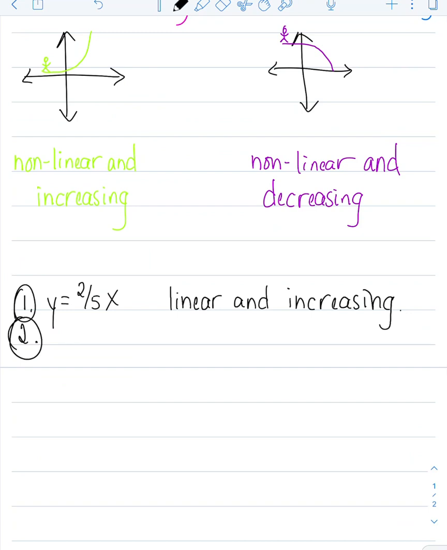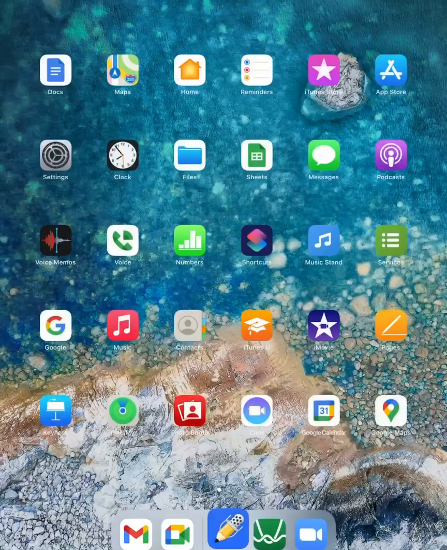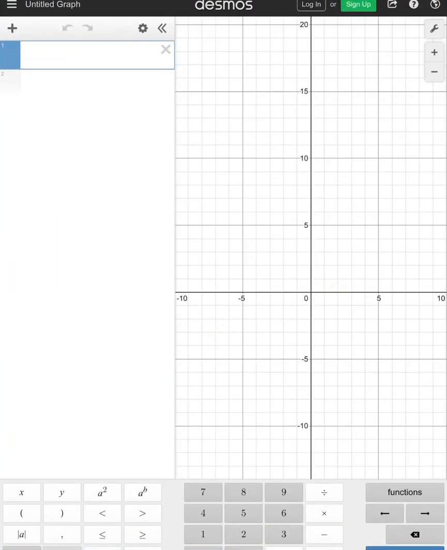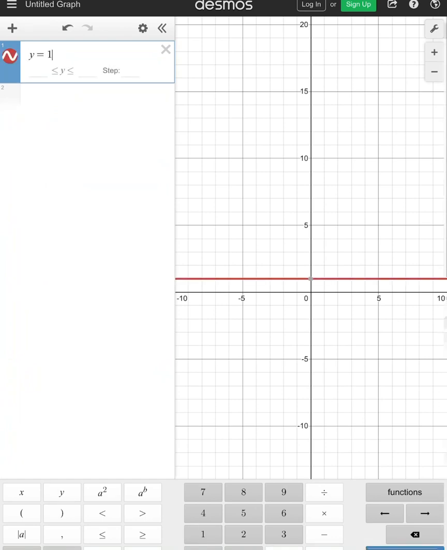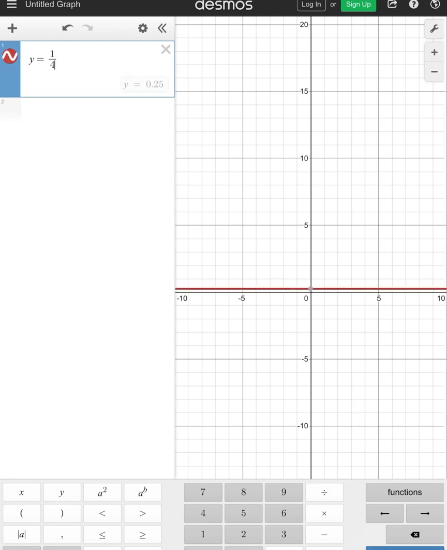So let's say we have y equals 1/4 times 3 raised to the x power. So you go to Desmos. So you type it in exactly as you see it. So it becomes y equals 1 divided by 4. Remember, use your right arrow key to get out of that. Times, so put in your parenthesis, 3, closing parenthesis.